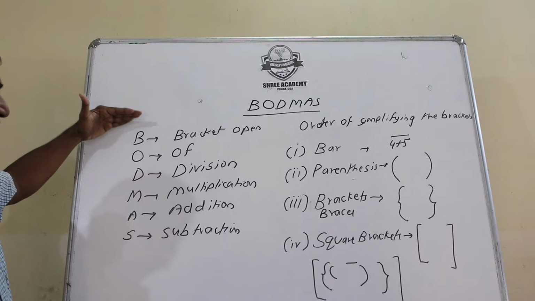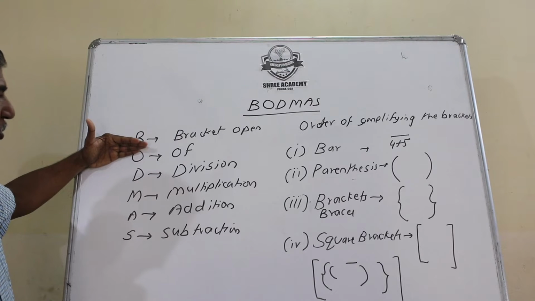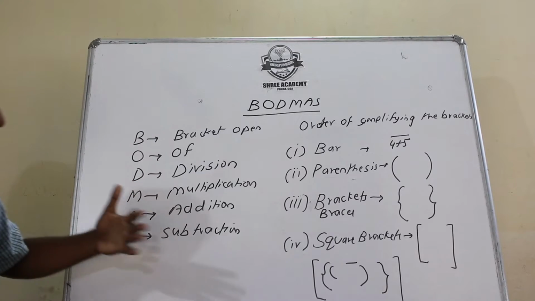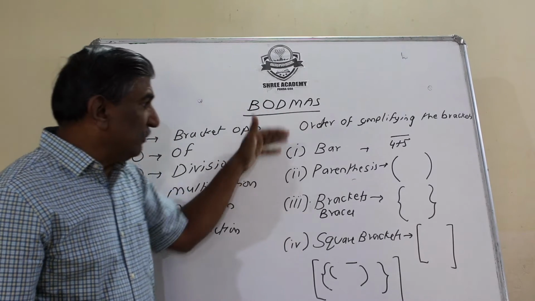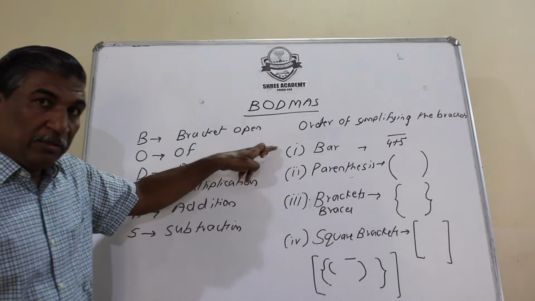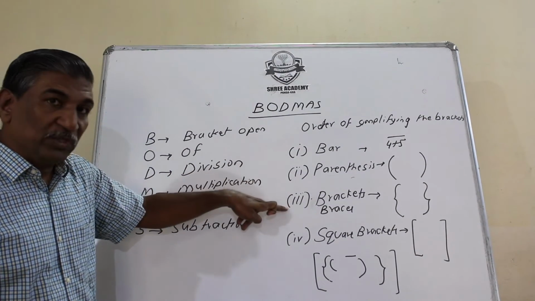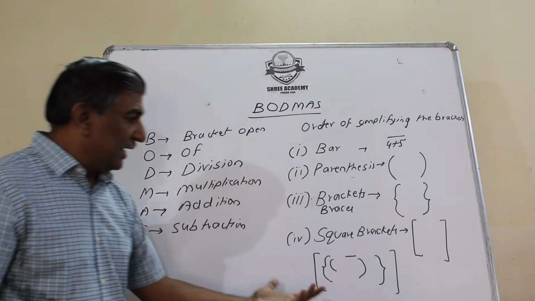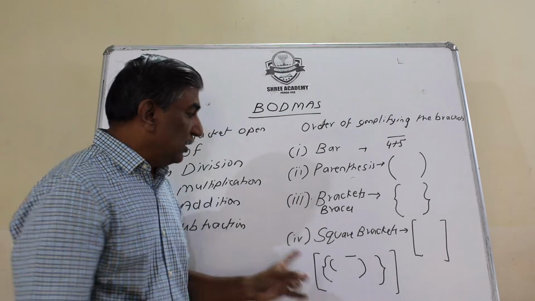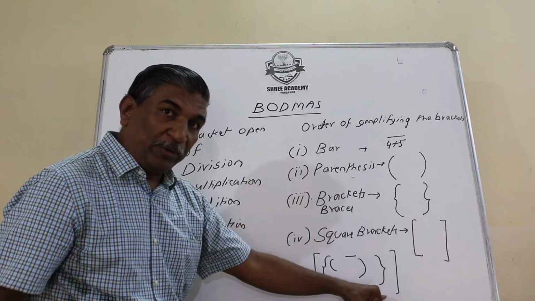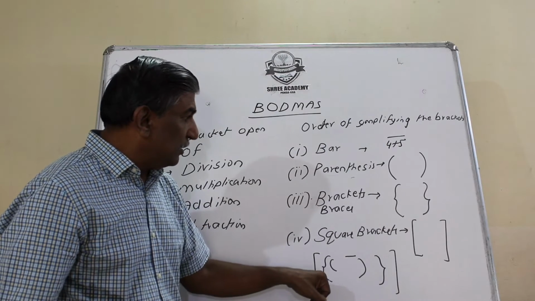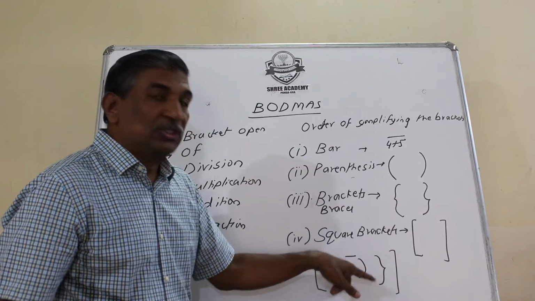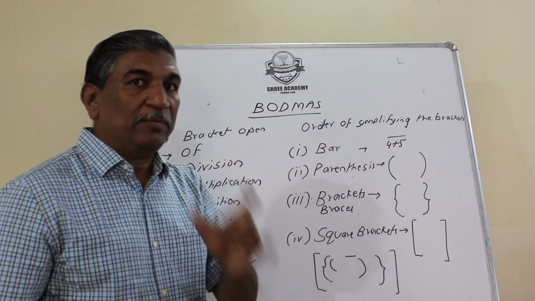So BODMAS: bracket open, of, division, multiplication, addition, subtraction. Then the order for simplifying the brackets is: first the bar, the parenthesis, the brackets or the braces, the square brackets, and I have shown you symbolically: outermost is always the square brackets, inside is the braces, inside is the parenthesis, and the innermost is the bar.